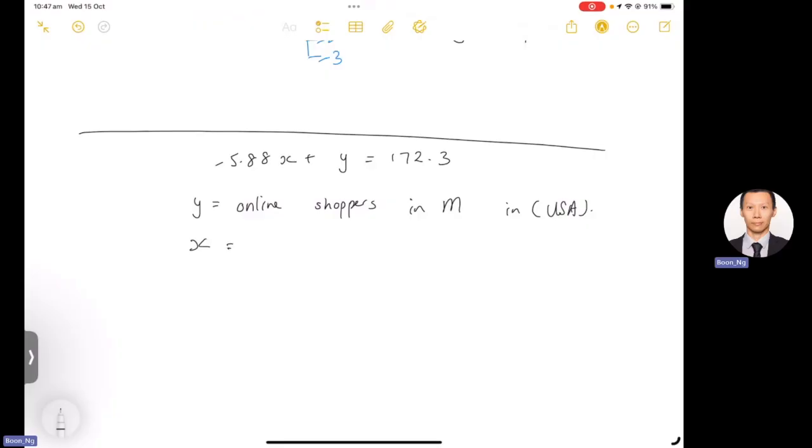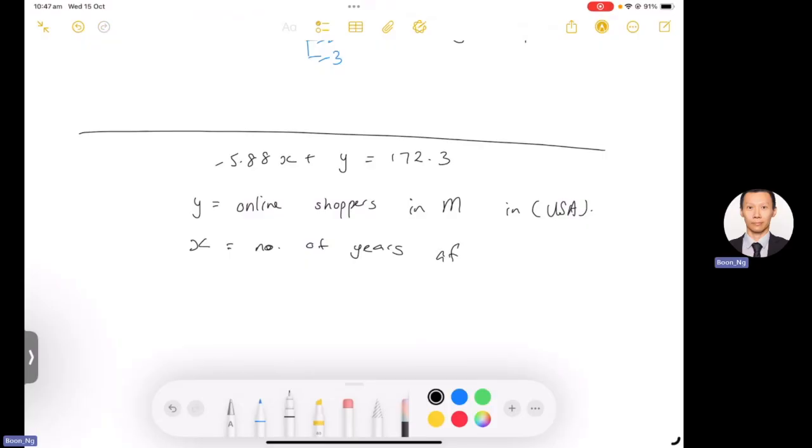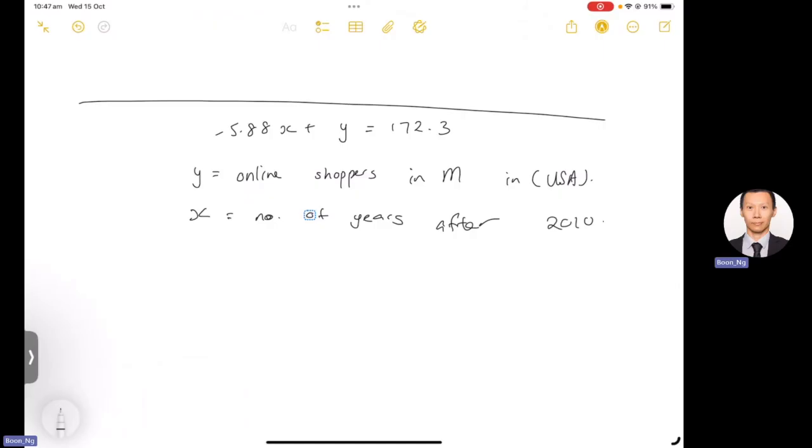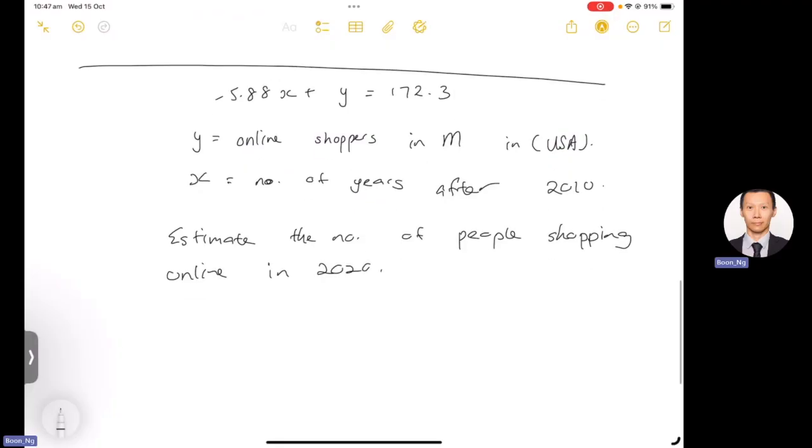x is the number of years after 2010. So now, using this, we are trying to estimate the number of people shopping online in 2020.